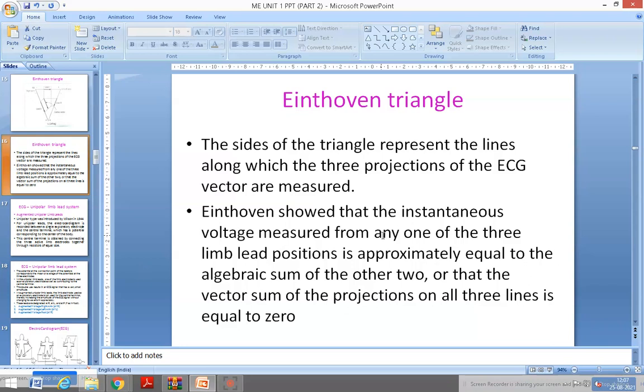Then Einthoven showed that the instantaneous voltage measured from any one of the three limb lead positions is approximately equal to the algebraic sum of the other two, or that the vector sum of the projections on all three lines is equal to 0. That means if you measure any one of the limb lead positions, the voltage will be equivalent to the sum of the other two limb voltages.